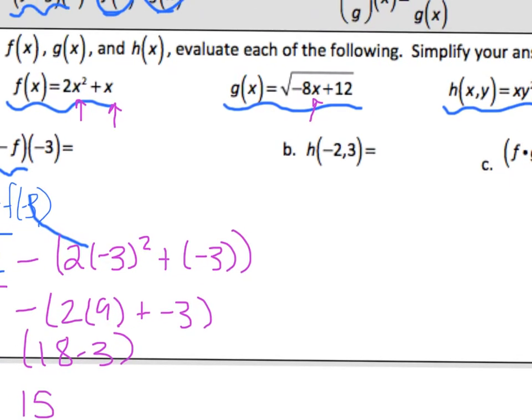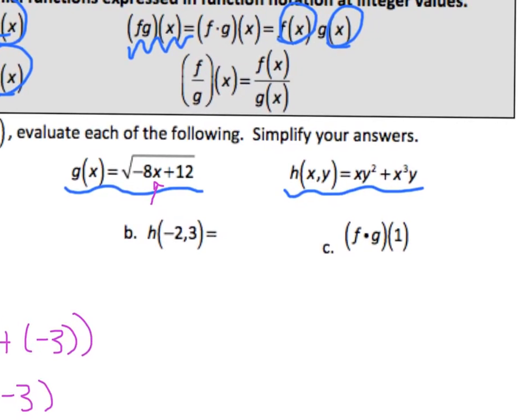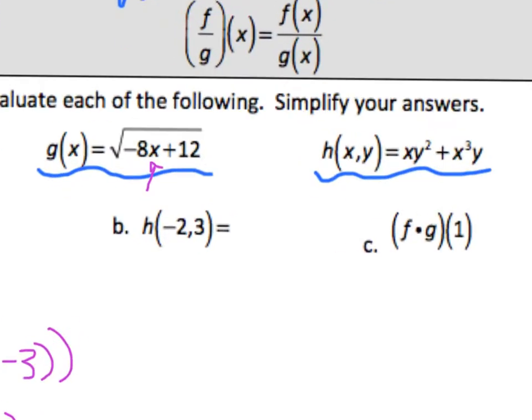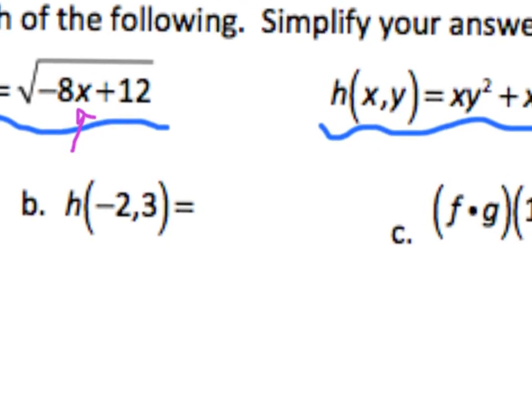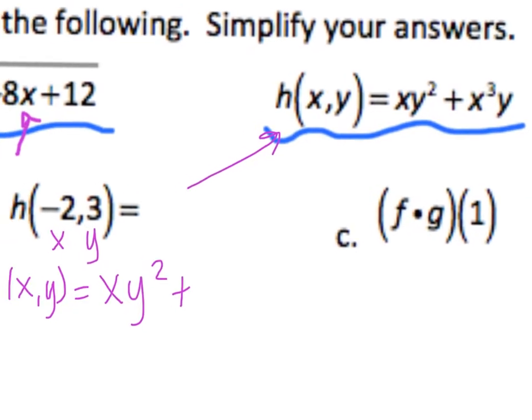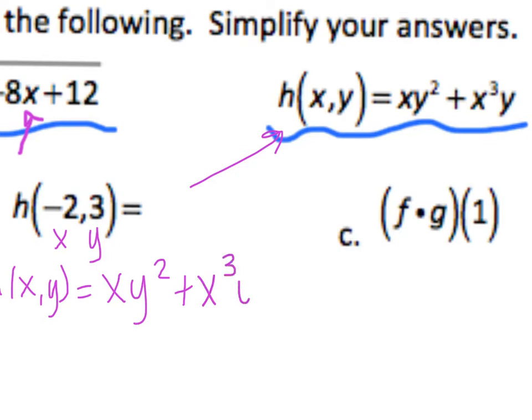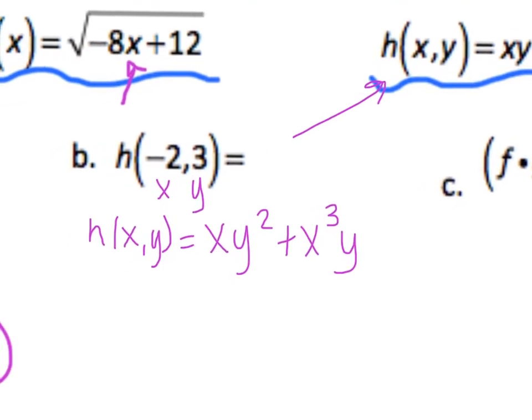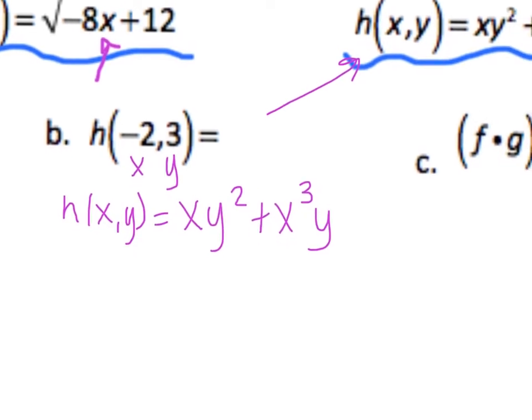Okay, moving on to letter B, we have h at negative 2, 3, so this means negative 2 is your x value, 3 is your y value. So you're going to substitute in negative 2 for x every time you see it in the h function. So remember, h of x y, from the very beginning up here, equals x y squared plus x cubed y. So again, you're going to substitute in a negative 2 every time you see an x, and a 3 every time you see a y.